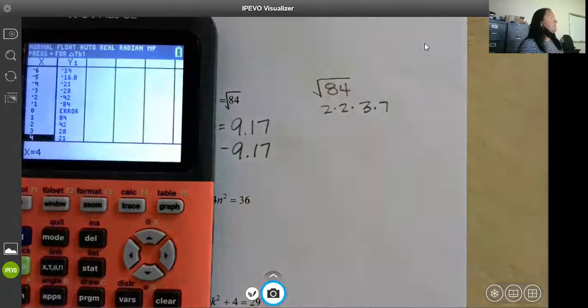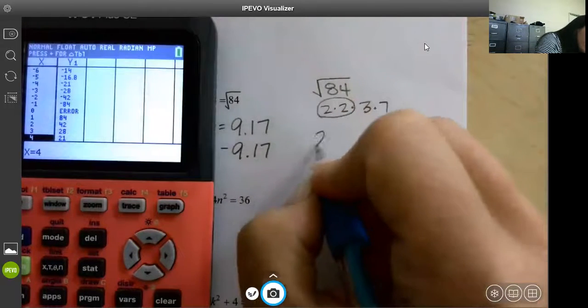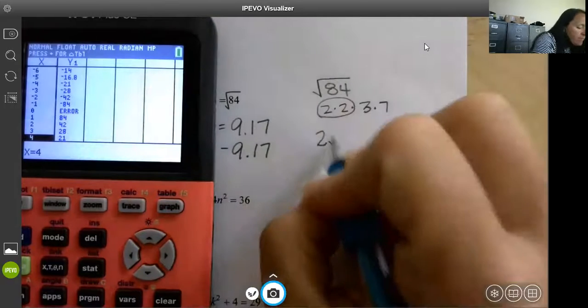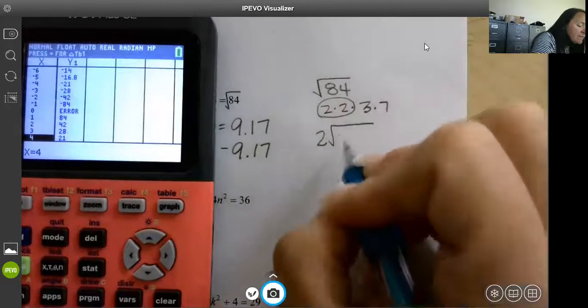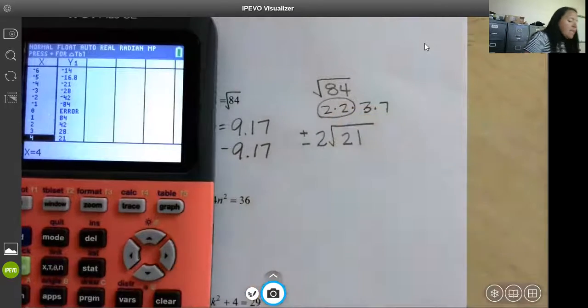Those are ones that I knew. You'll see that you have pairs. So we're going to circle those. We had a pair of 2s. That comes outside of that square root sign. Inside what we left over that didn't have pairs, 3 times 7 is 21. A positive and a negative.